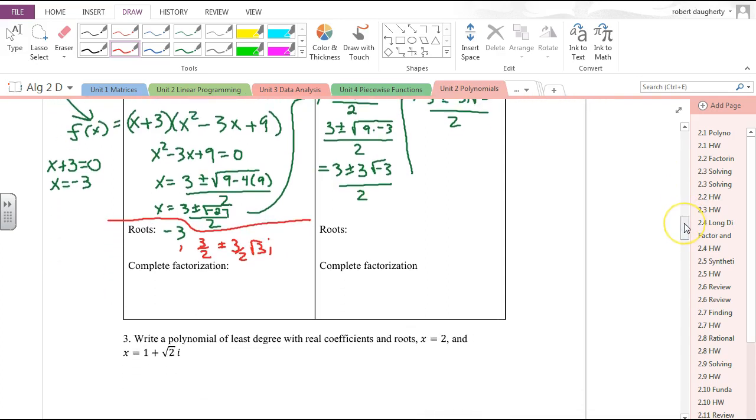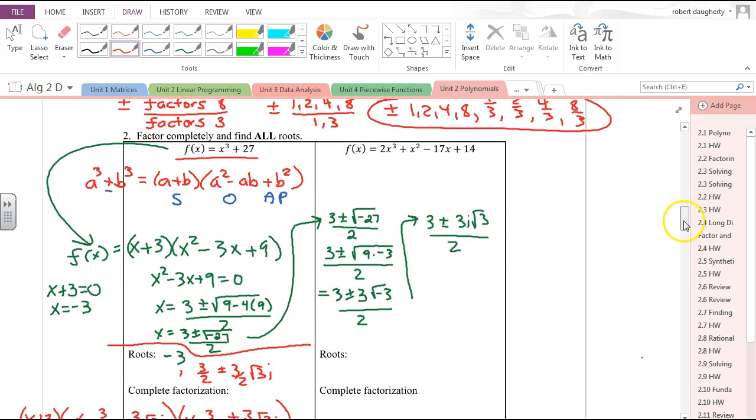My complete factorization is x plus 3, and then x minus 3 halves minus 3 halves square root of 3 i, and x minus 3 halves plus 3 halves square root of 3 i. So that was a third degree. It has 3 roots. It has 3 factors.